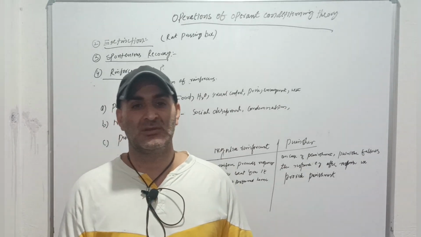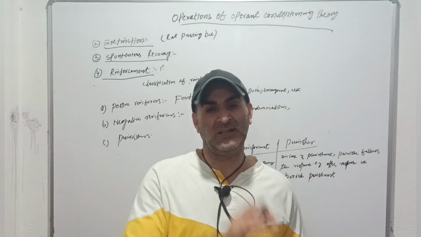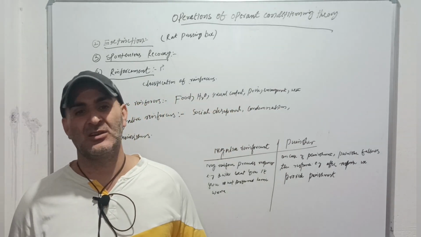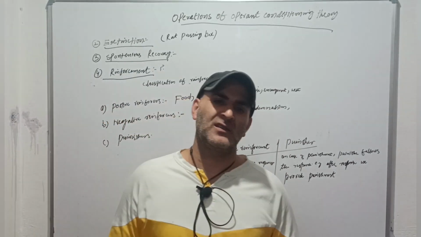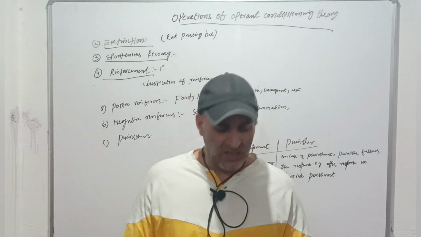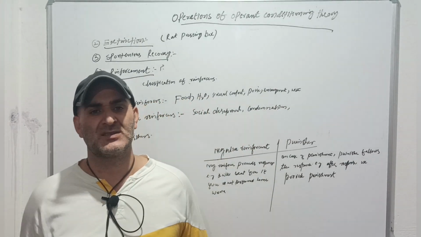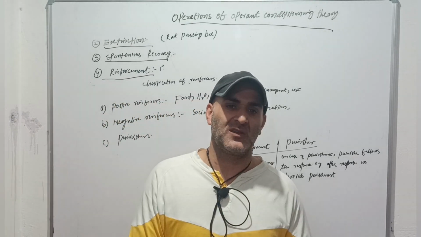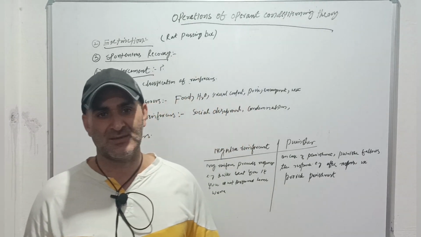For example, food, water, money, encouragement, etc. are various reinforcers. And these reinforcers help us to increase the rate of responses from an organism.